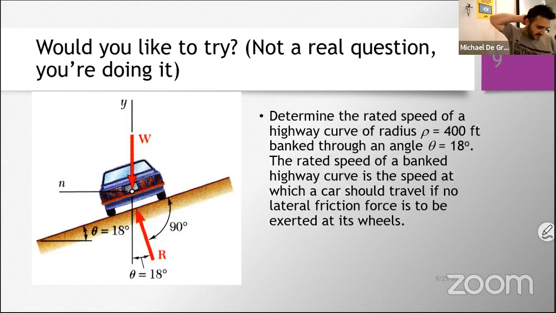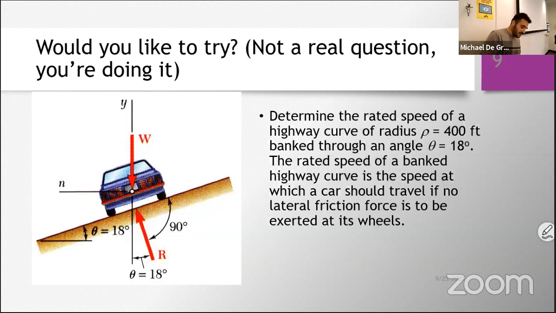All right, I've got this car and it's driving on a banked turn. I want to determine the rated speed of a highway curve that has a radius of curvature rho of 400 feet, and it's banked through an angle of 18 degrees. The rated speed of a banked highway curve is the speed at which the car should travel if no lateral friction force is to be exerted at the wheels.